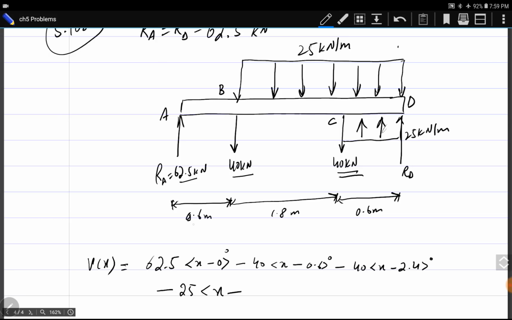Here our a is 0.6 power 1. And for this force of 25 kilonewtons, since this is upward, we have negative sign for downward one. So for the upward one, it will be plus 25 into x minus its distance, 2.4. It is between these two points.